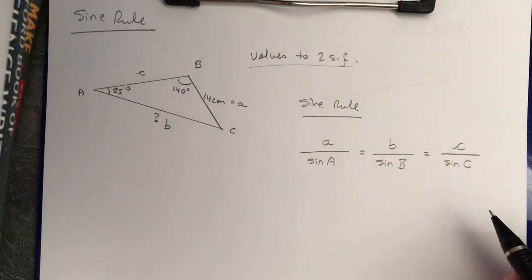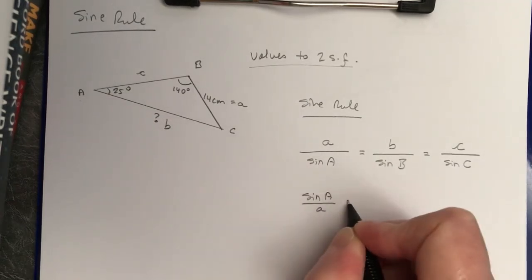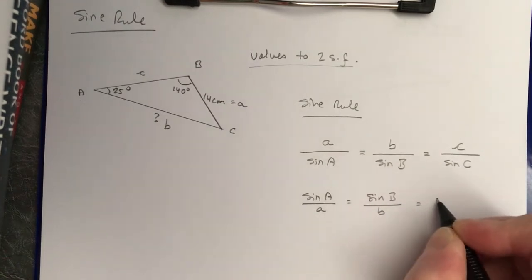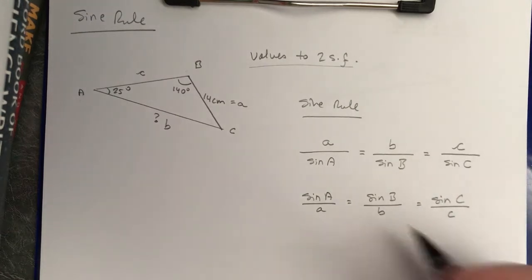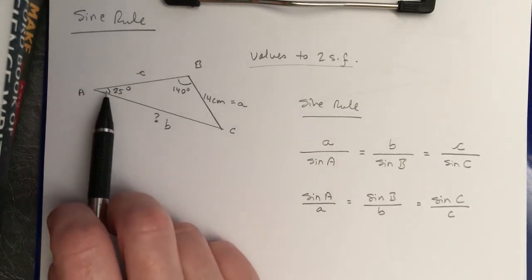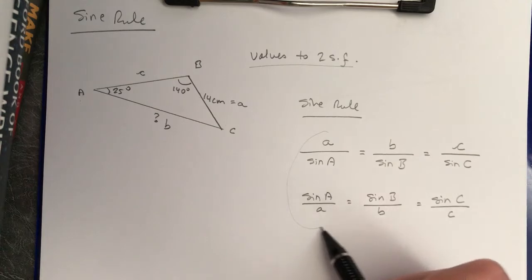You can say it the other way up with your fractions. You could say sine A over length A equals sine angle B over length B equals the sine of angle C over length C. Either way up, it doesn't really matter, and you can take them pairwise. So this is what I mean. We're given angle A and side A, so we've got those.